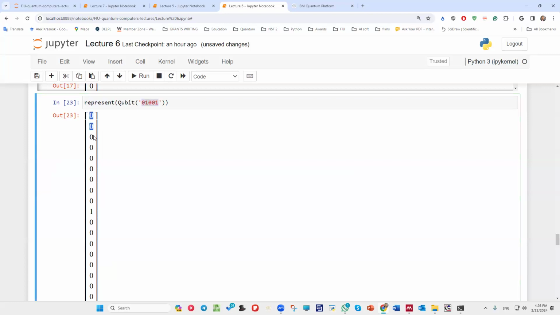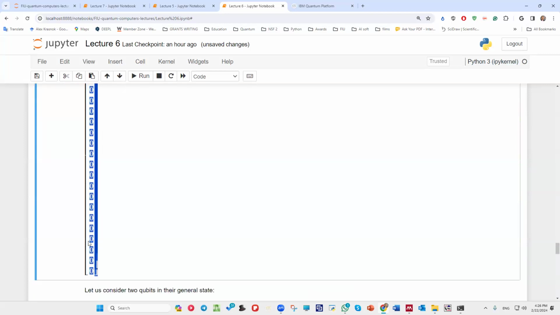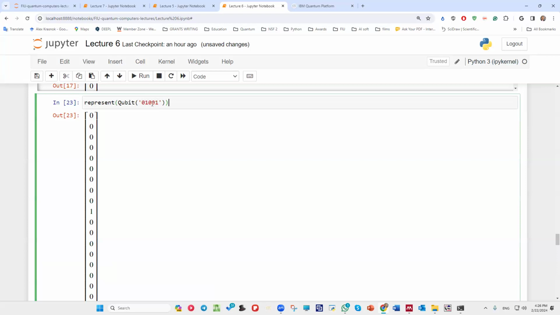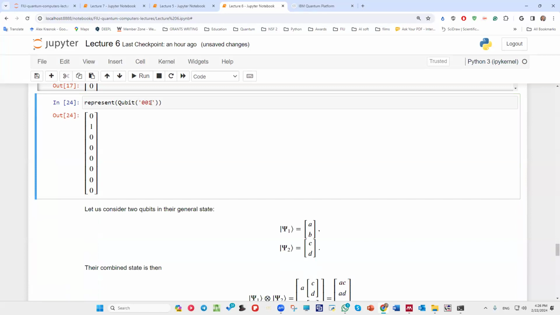The dimension of this vector, the number of components in this vector, is given by 2 to the power of n, where n is the number of qubits. So, for example, this is the system of 3 qubits, and 2 to the power of 3 is 8. So I get the vector with 8 components.